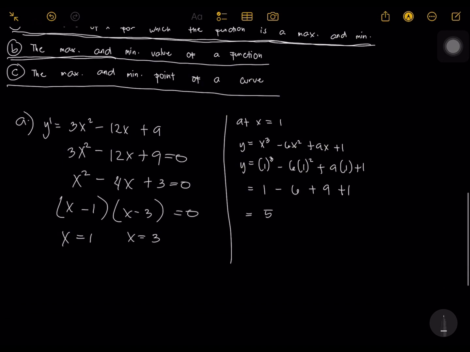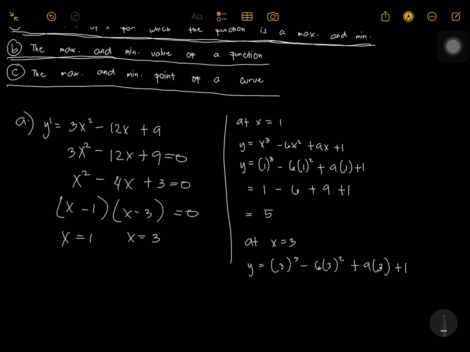Next we have x equals 3. For this one we have y equals 3 cubed minus 6 times 3 squared plus 9 times 3 plus 1.